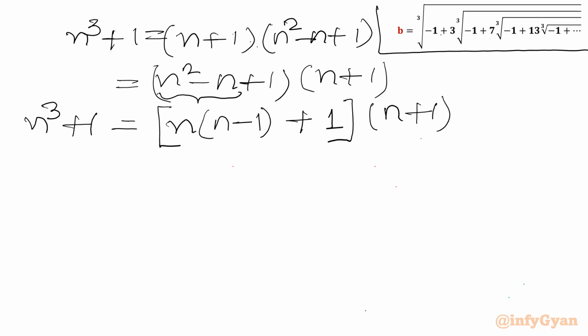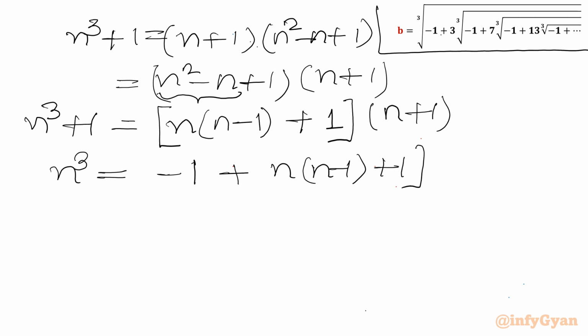Now I will subtract 1 from both sides. So n cube equal to minus 1 plus n minus 1 plus 1 in the bracket, and then I will multiply with n plus 1.